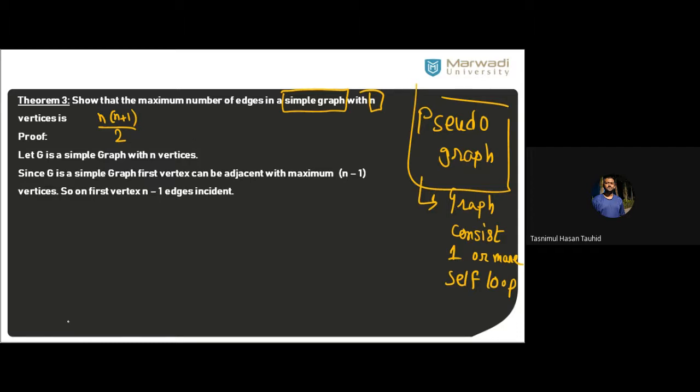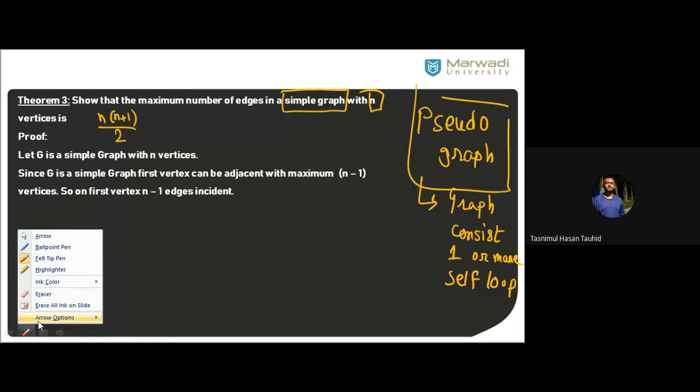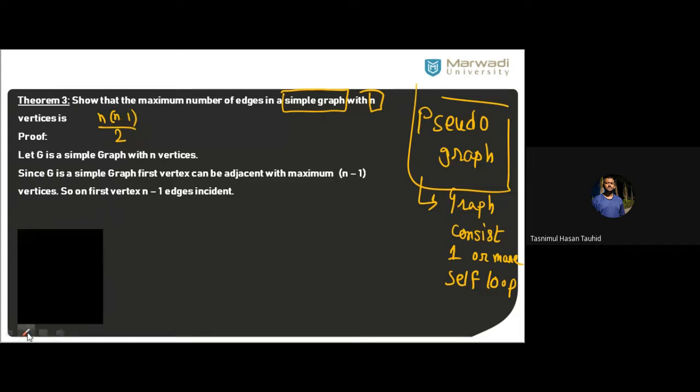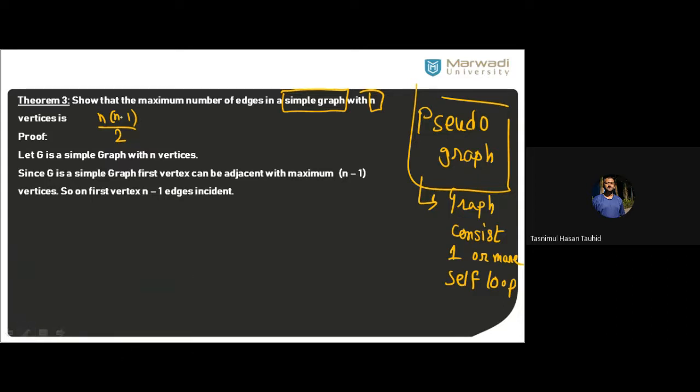I think I missed out something. This should not be n into n plus 1. It should be n into n minus 1. Please correct it. We will prove it, and automatically we will understand why it is n minus 1.